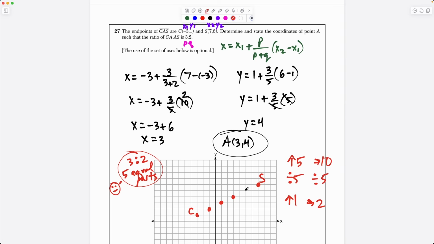Up 1 over 2, up 1 over 2, and the last time I do it, I wind up at S. And notice that if I were to connect this line segment here, so I connect all these points here to make a line segment, my location of A at 3, 4, notice that A over here separates this line segment into a ratio of 3 to 2. I have 3 equal parts to the left and 2 equal parts to the right. Okay, so that's why this answer here is definitely good.